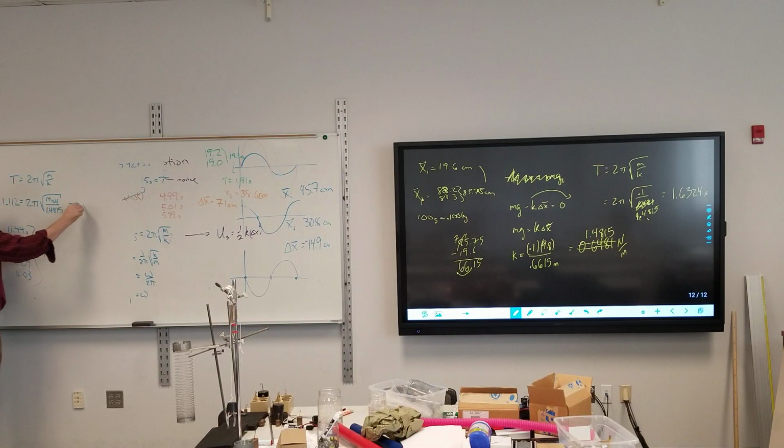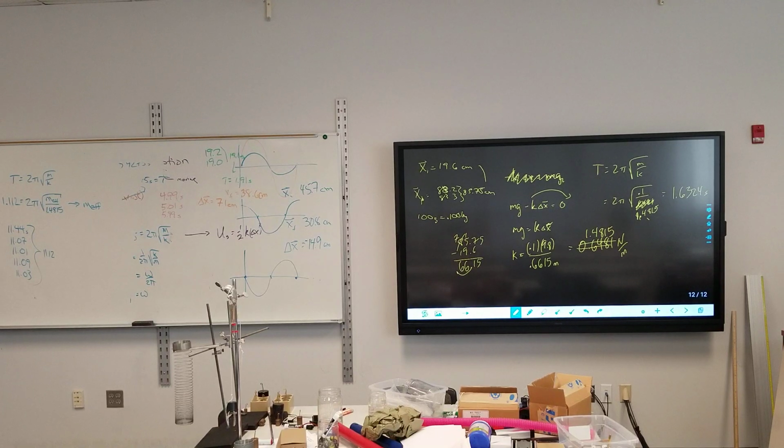So therefore, what is the effective mass of the slinky? Question: how does the k remain the same? It's still the same coil. The slinky hasn't changed. The spring constant is based upon the coil, the elastic medium itself, not on what you attach to it.